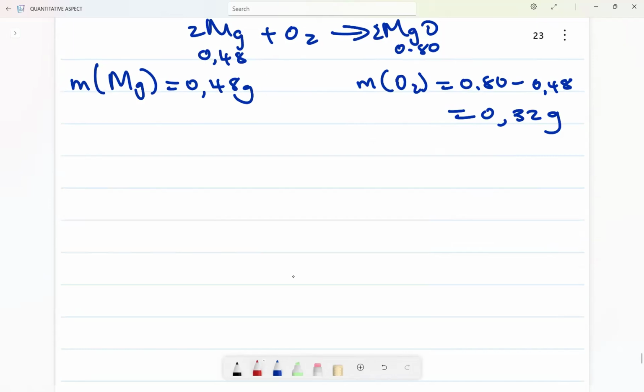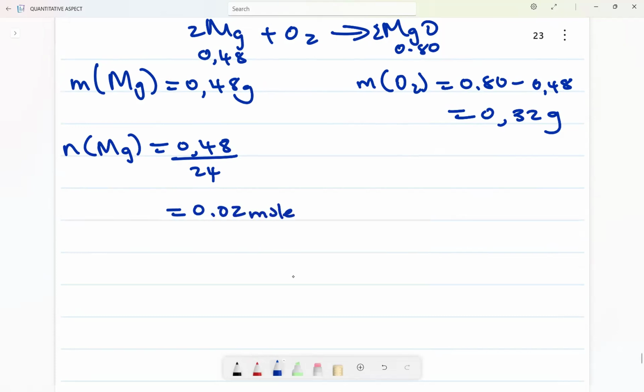Then step 2 is finding the number of moles. Number of moles of magnesium is 0.48 divided by 24, which gives me 0.02 moles.